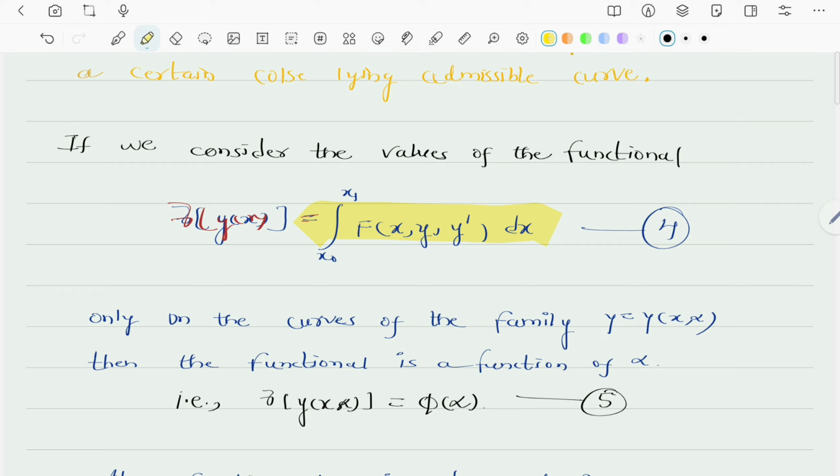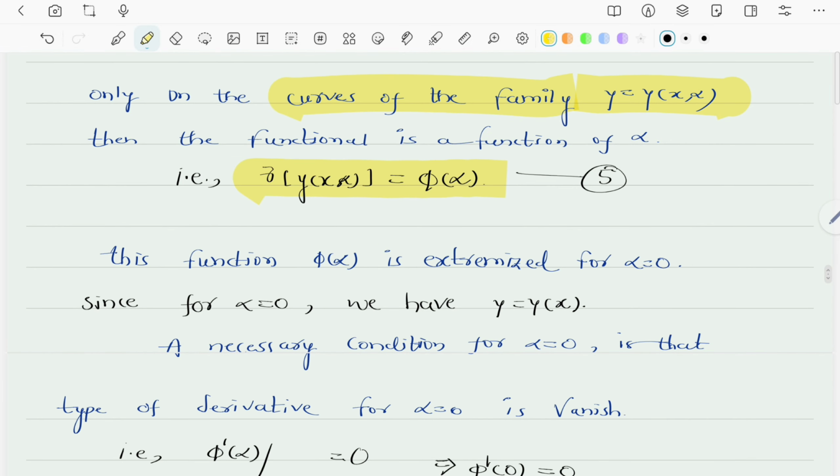Therefore, transforming this equation to the curves of the family, y is equal to y of x comma alpha, the functional equation 4 becomes gamma of y of x comma alpha. Then the functional is a function of alpha. Therefore gamma of y of x comma alpha is equal to phi of alpha. Say it is equation 5.